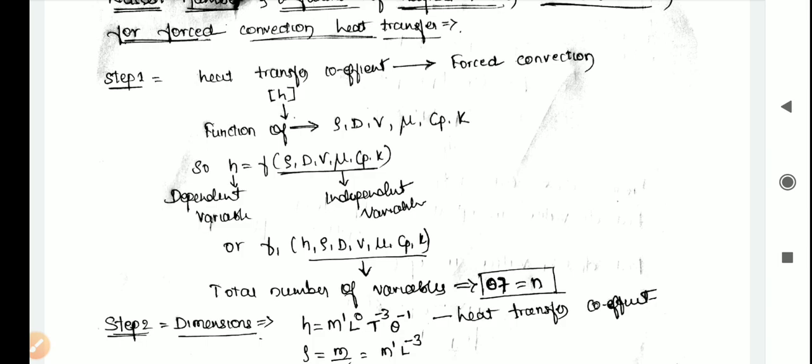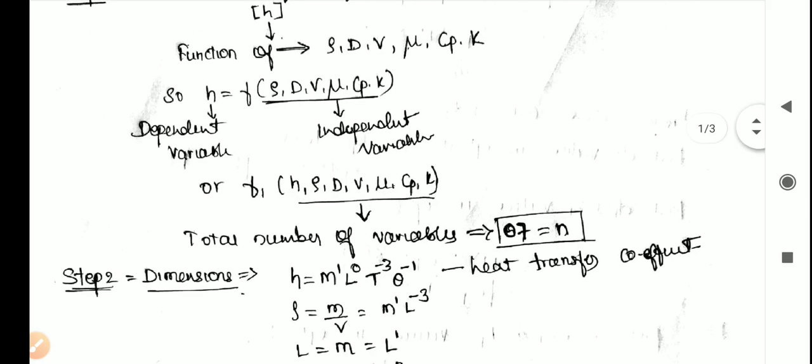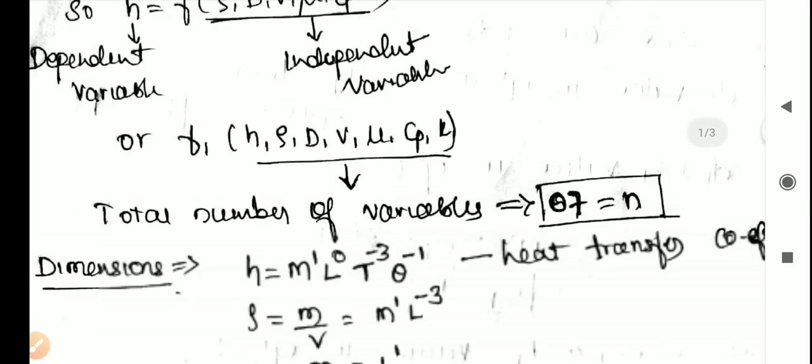Here h is a dependent variable, right? And rho, v, d, mu, cp are independent variables. Okay, so here total number of variables is 7, right? That is h, rho, d, v, mu, cp and k. Total is 7, so n is equal to 7.